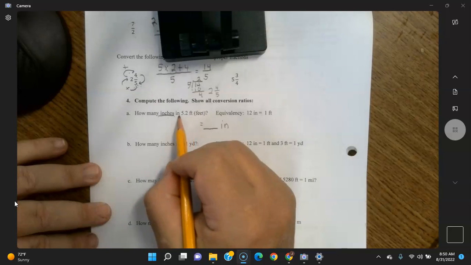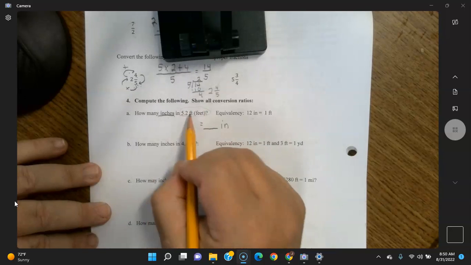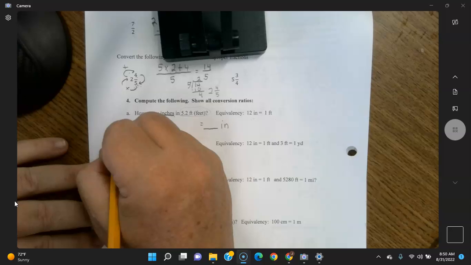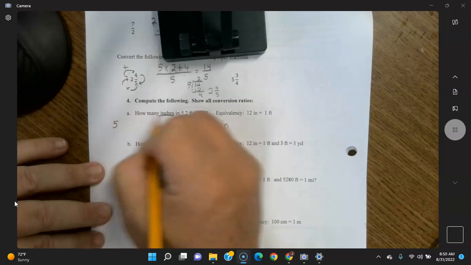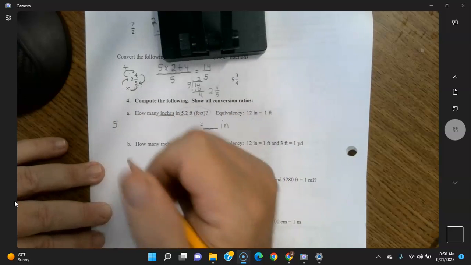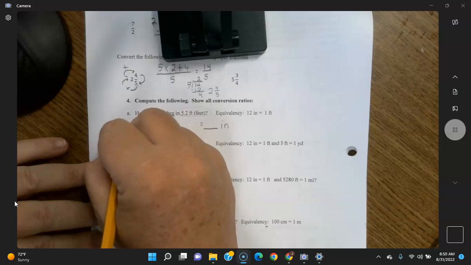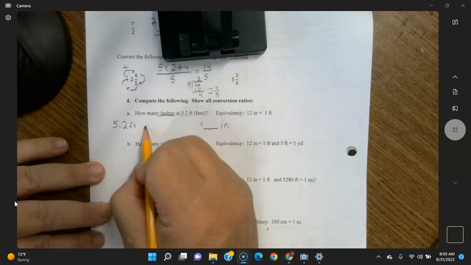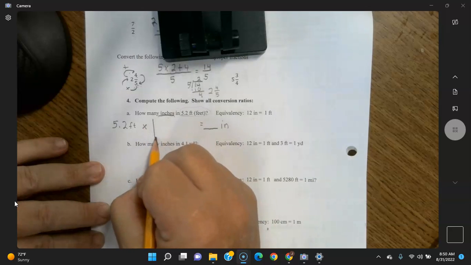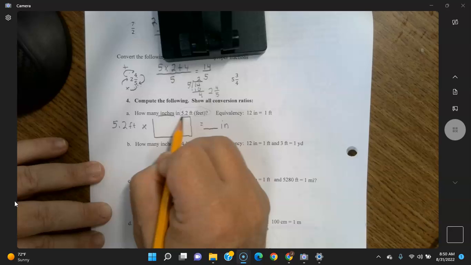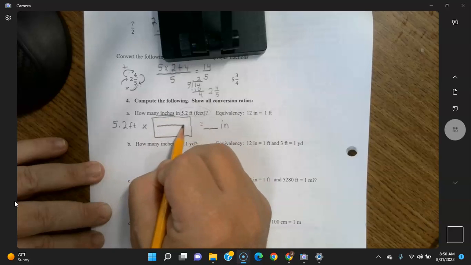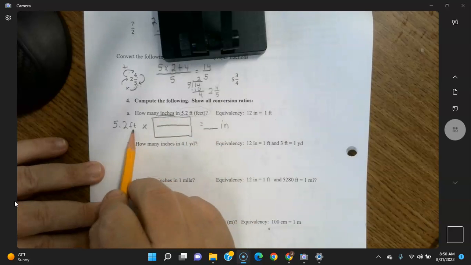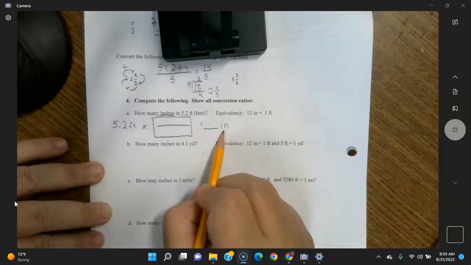Now what we're starting with, the thing we know that we're starting with, is 5.2 feet. So I'm going to come way over here, leaving a lot of space in between, because sometimes you don't know how many conversions you're going to need. So 5.2 feet, okay? And we're going to need to multiply it by what's called a conversion factor, so that feet disappears and inches appears in our final answer.